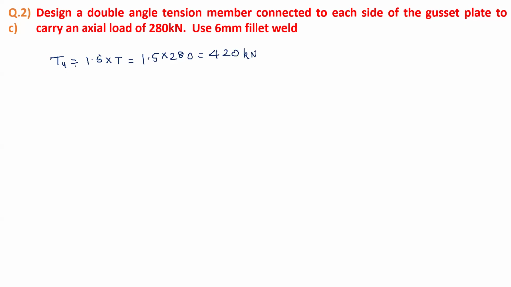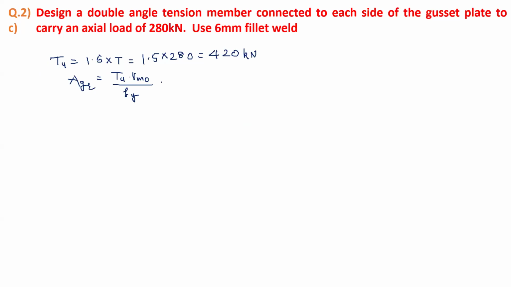So now we have to go design of this section. So we have to find AG required. So we have AG required, TU into gamma MO upon Fy.